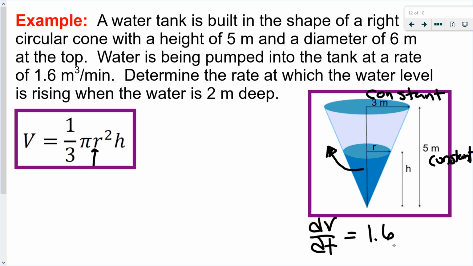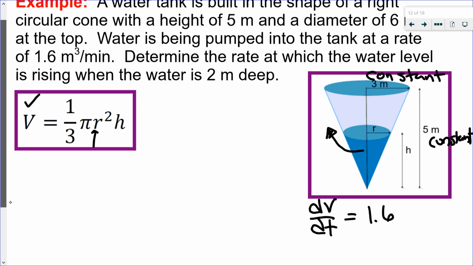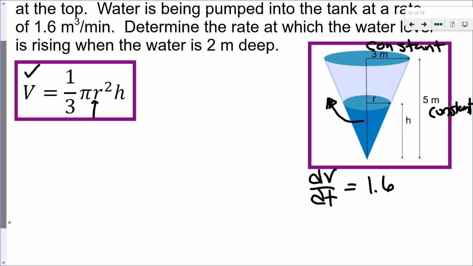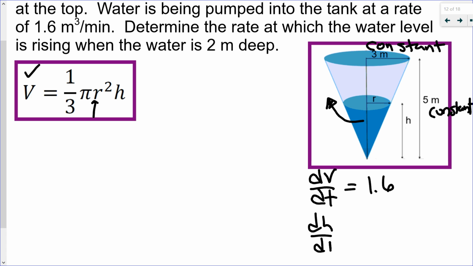So when I take the derivative of both sides, I've got volume covered, okay? Now we have radius and height left over. So let's see what we have here. So we want to determine the rate at which the water level is rising. That's dh/dt.